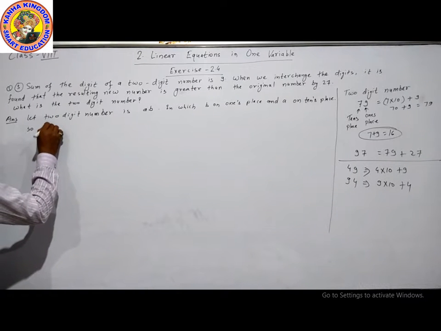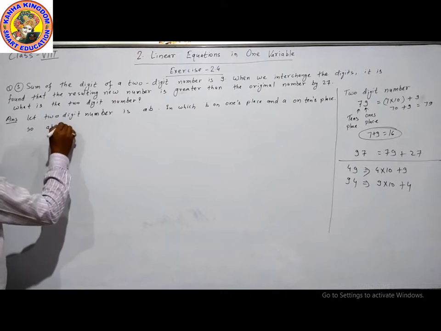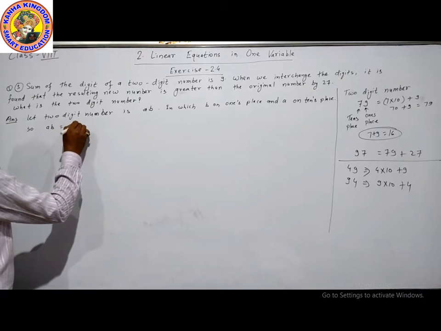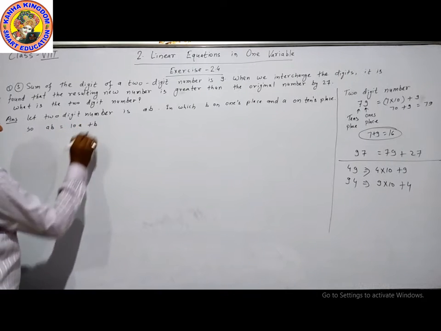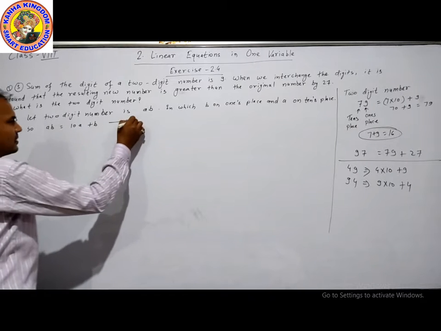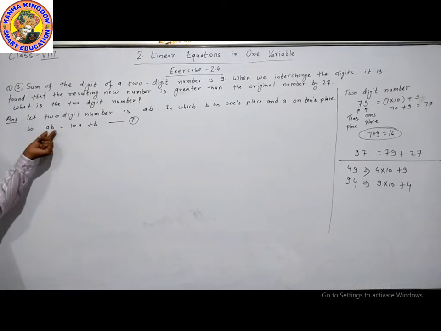So AB is equal to 10A plus B. Equation number 1: AB can be written as 10 into A plus B.